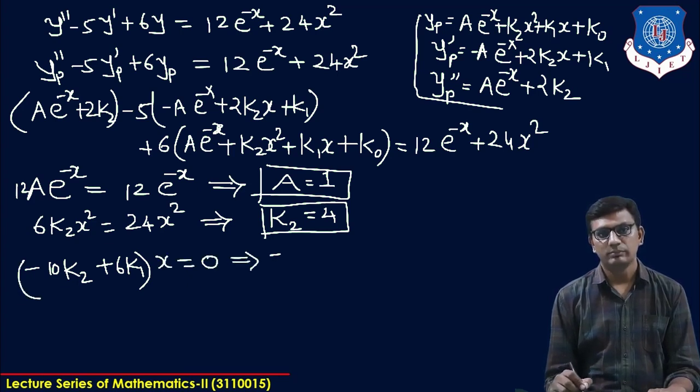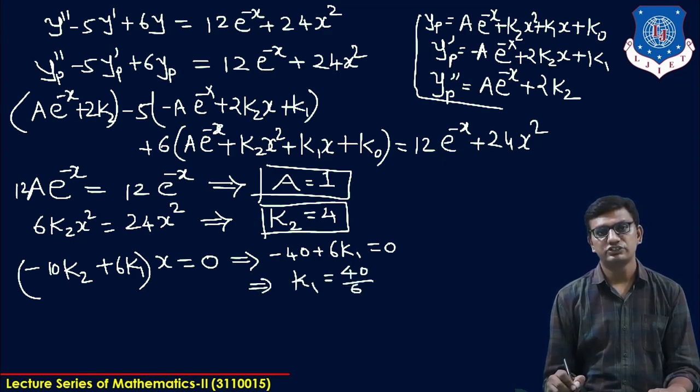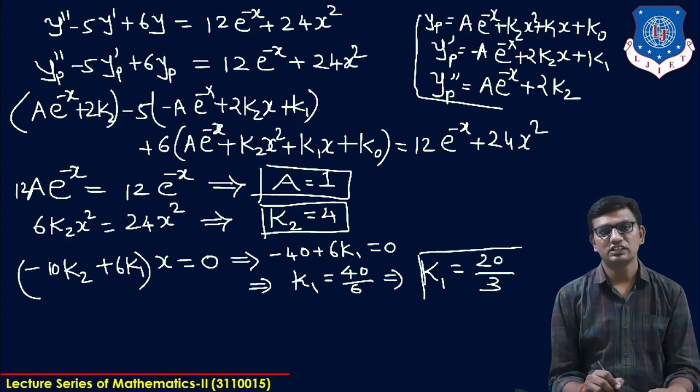That implies minus 40 plus 6k1 equal to 0, because the k2 value is 4. So k1 equal to 40 upon 6. That implies k1 is 20 by 3. That is the third undetermined coefficient.